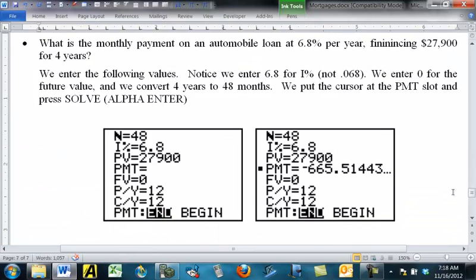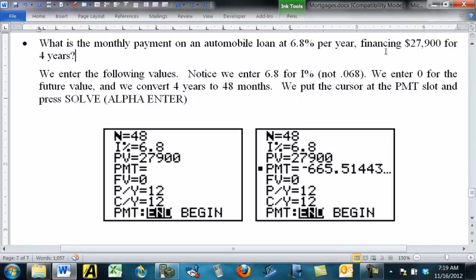What is the monthly payment on an automobile loan at 6.8% per year, financing $27,900 for 4 years? So you just enter this in. Well, it's 4 years, so it's 4 times 12, and you can actually type in 4 times 12 on the end to get 48. The interest rate is 6.8.